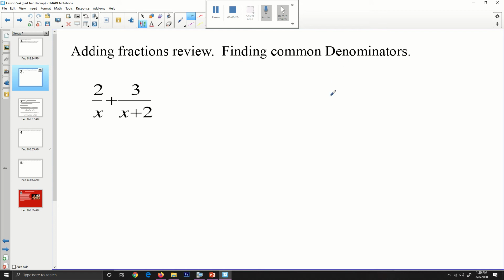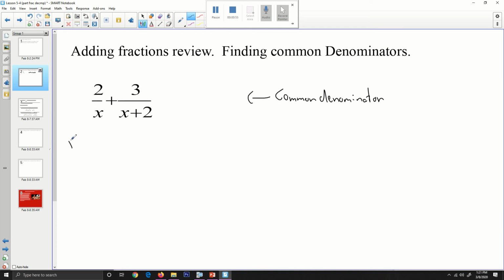And so just as an example here, if I had 2 over x plus 3 over x plus 2, I would have to find a common denominator. And that common denominator would be the product of these two denominators, the denominator x and the denominator x plus 2.